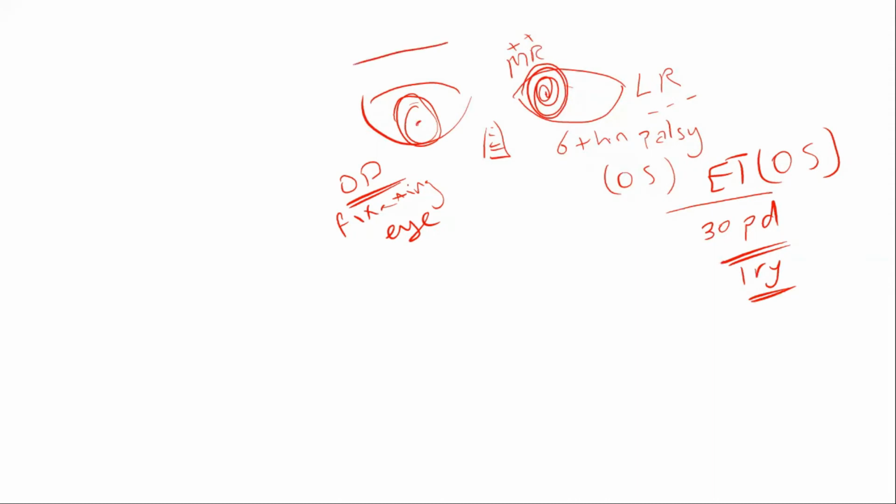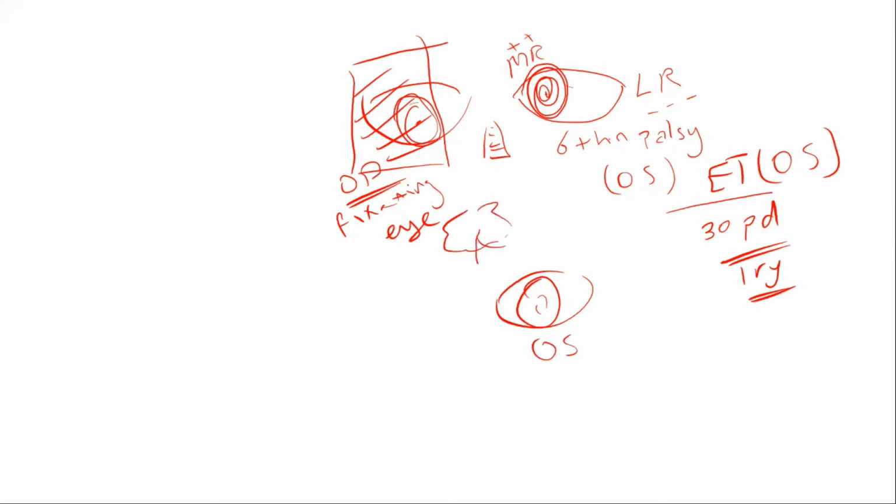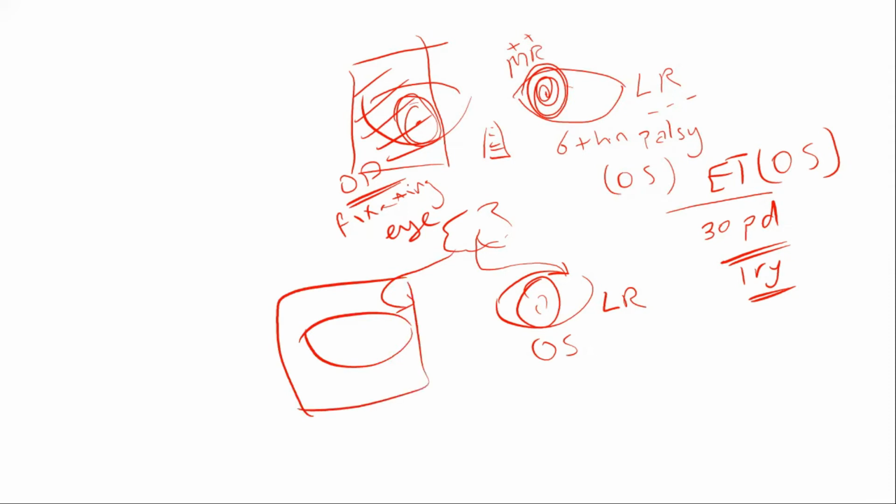Now, if we cover this eye, and it's a kind of paresis, the left eye will take the fixation. Here the brain is sending impulses to the lateral rectus to contract, and the right eye under the cover goes in.